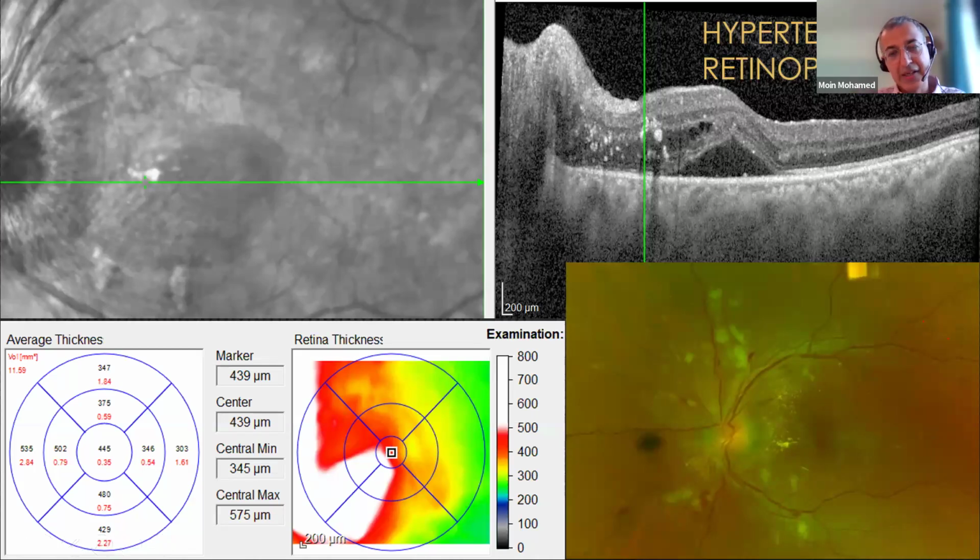In younger patients who haven't got arteriosclerosis, true hypertension causes focal spasm. There are muscles within the arterioles and they go into spasm. So the arterioles look narrowed, the veins look dilated, but it's just a relative dilatation. And then cotton wool spots and splinter hemorrhages and exudates as a feature of chronicity.